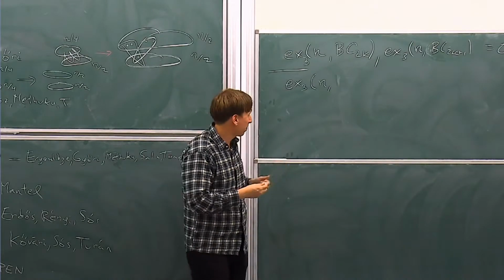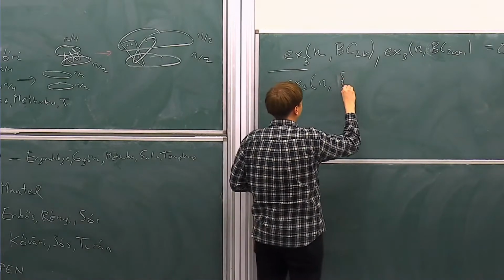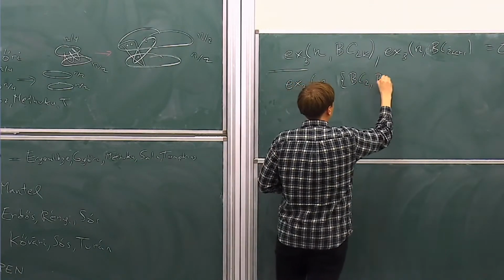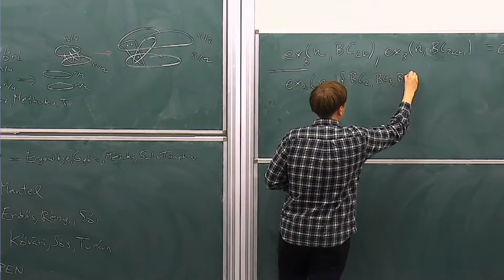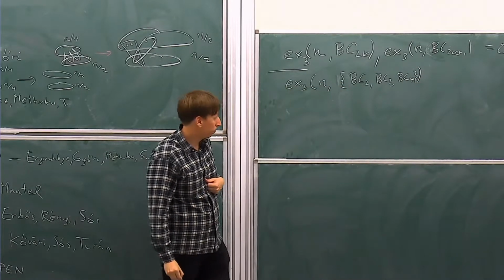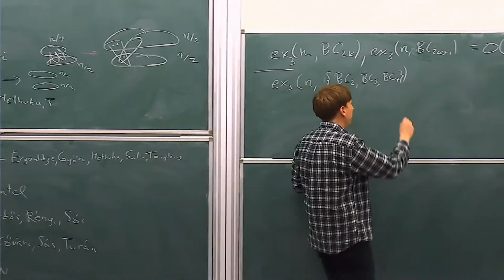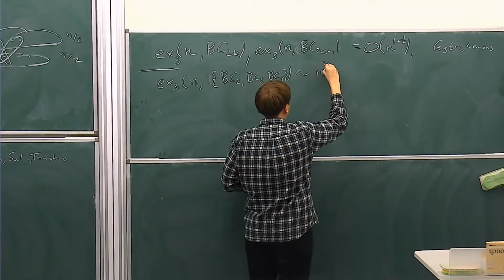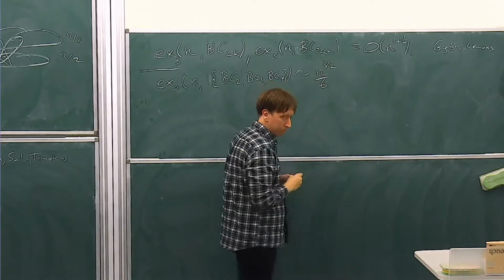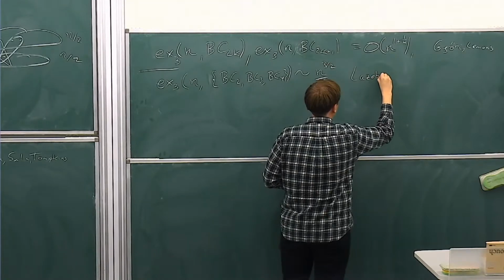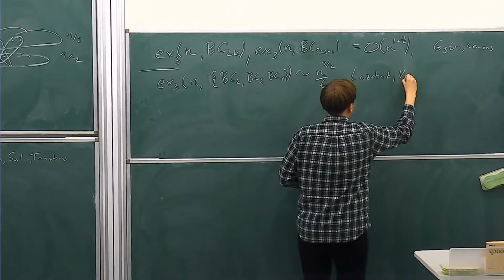So if I forbid the set BC2, BC3, BC4 of cycles, it's known that this is asymptotically n to the 3/2 over 6. This was proved by Lazebnik and Verstraëte.